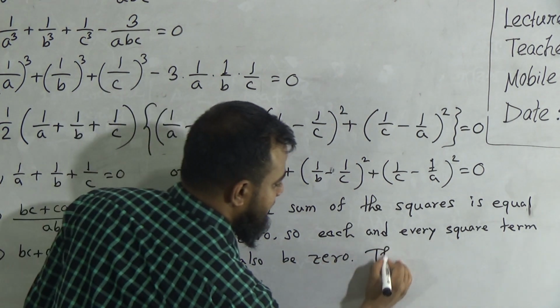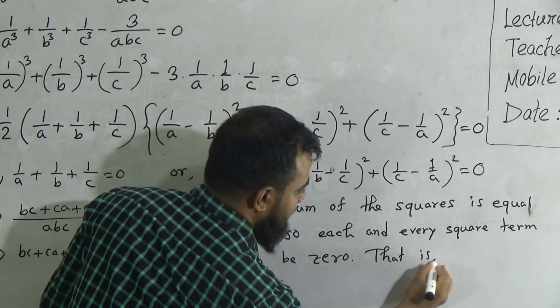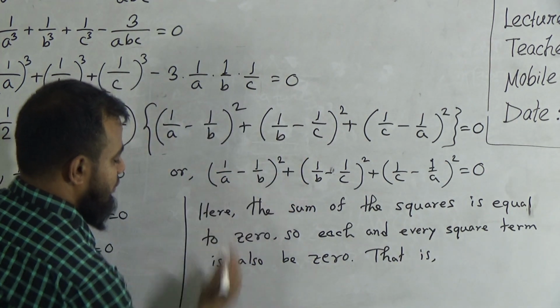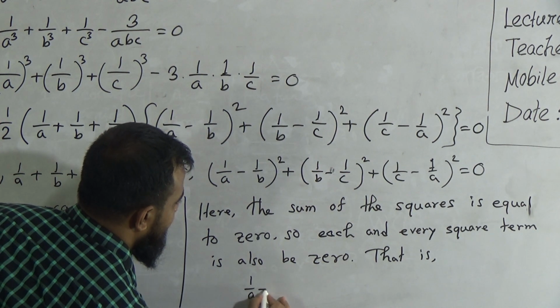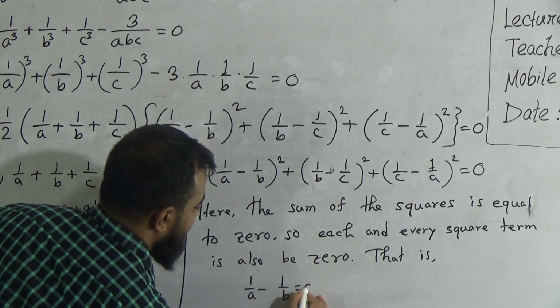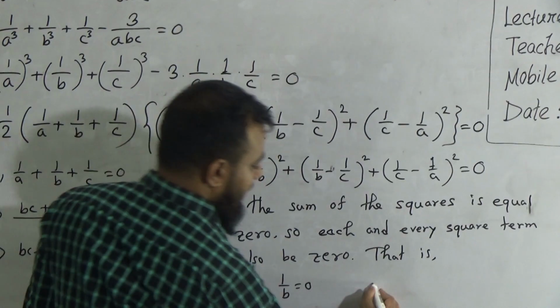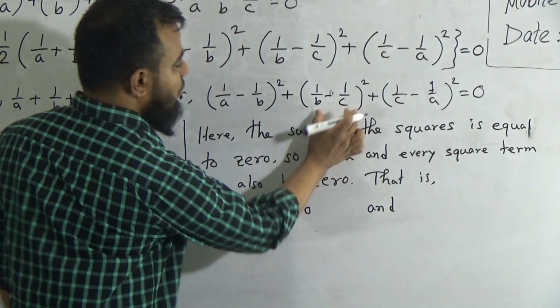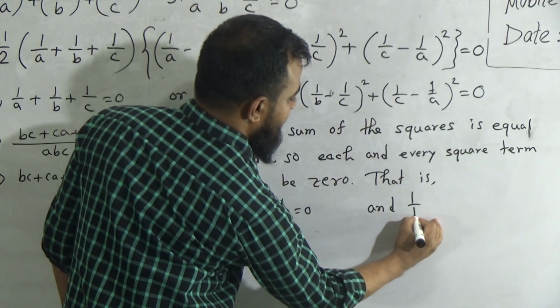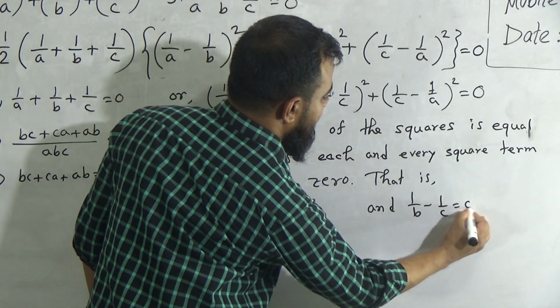That is, we can write down this one equal to 0, that means 1 by a minus 1 by b equal to 0. And we can write down 1 by b minus 1 by c equal to 0.